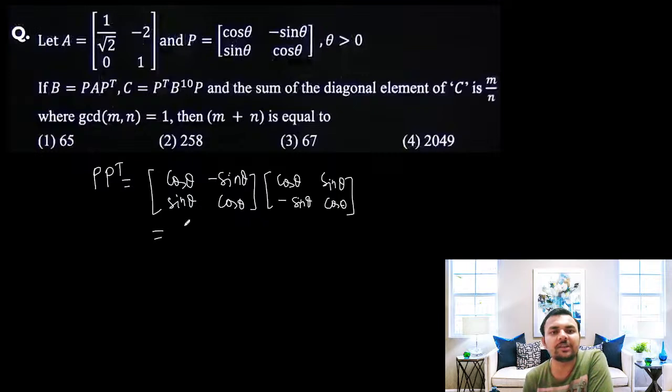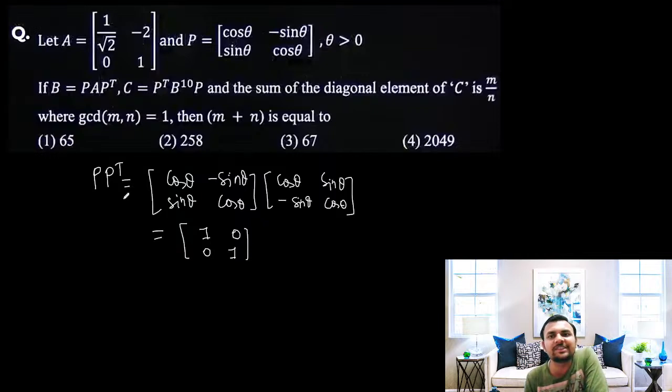If you solve it, it is cos square theta plus sin square theta 1, cos sin minus sin cos 0, sin cos minus cos sin, cos square plus sin square. So it is I. P P transpose is I.